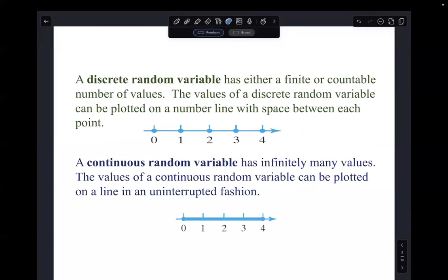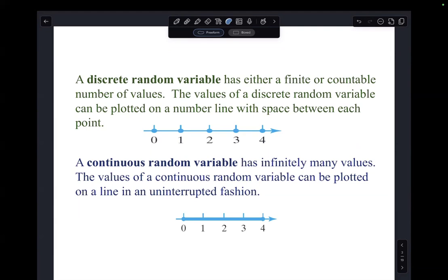Discrete has a finite or countable number of values. We've already talked about that, but specifically, we're looking at random variables here. So it's outcomes of an experiment. Same thing with continuous, outcomes of an experiment. How long did it take you to get to work today? How long will it take you to get to work tomorrow? If you took all of those every day and put them in a table, I would probably use ranges of values and create a probability distribution out of those.